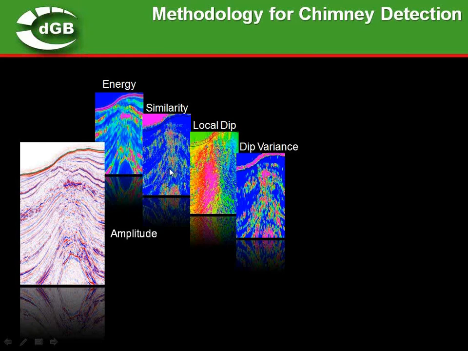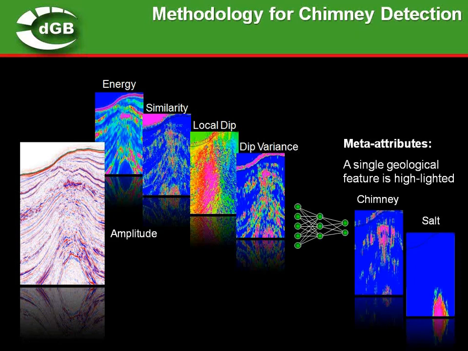However, individual attributes have a lot of overlap, and so they will image things that aren't gas chimneys as well. So what we want to do is use a neural network to essentially combine these different attributes and distinguish the feature of interest, the chimney or the salt.